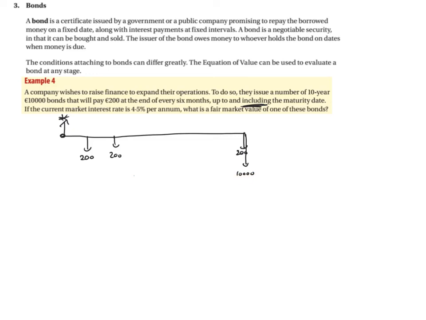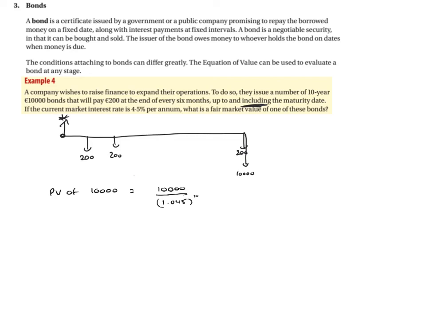First thing I need to do is work out the 10,000. That's the easiest thing to do. The present value of the 10,000 payment is 10,000 divided by the interest rate, which is 1.045 here, discounted 10 years.